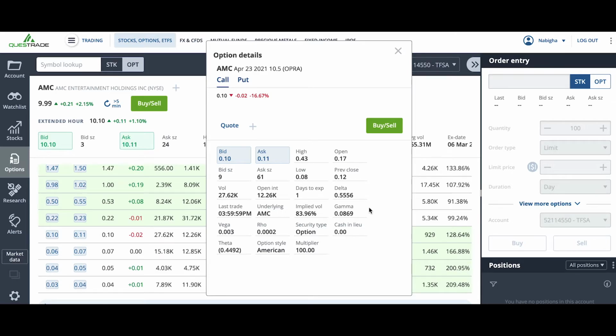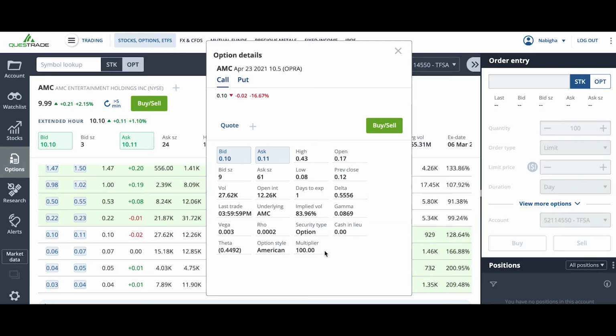If you watch the video on what gamma is, I explain it the other way around, but in this case you can easily see the new delta is 63, previous delta was 55. What's the rate of change? 8. 8 is your gamma, or 0.08. And like with everything, the multiplier is 100. If you're confused, that's why I'm talking about 55 and 8, because you multiply everything by 100.